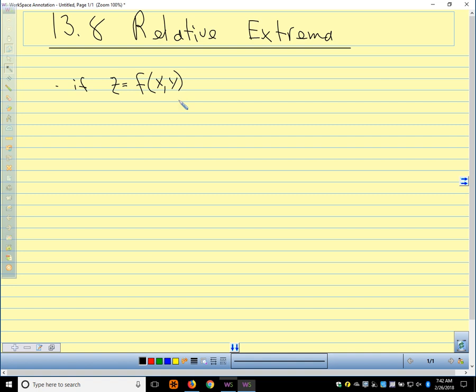If z equals f of x, y is continuous, then f of x, y will have at least one maximum value and minimum value.